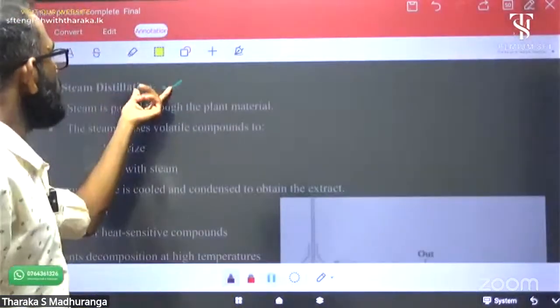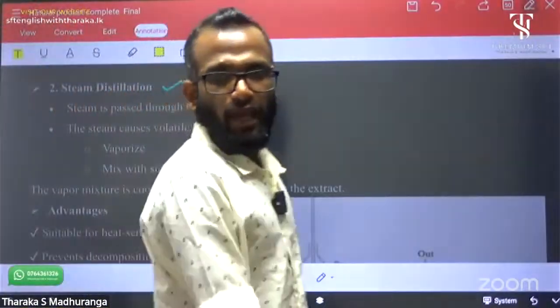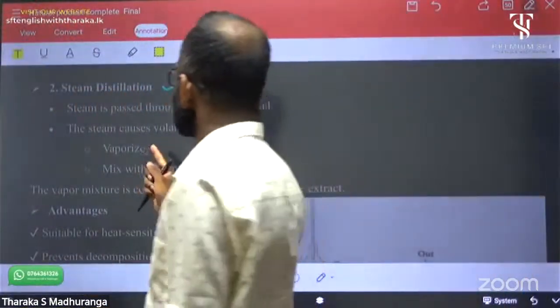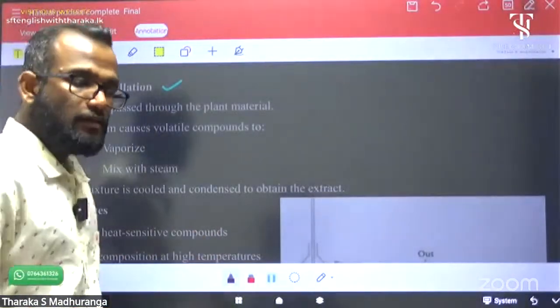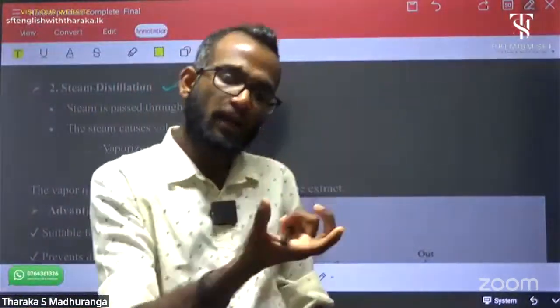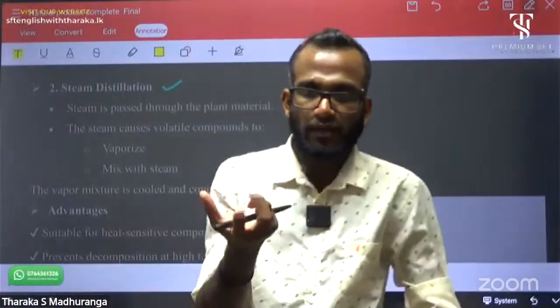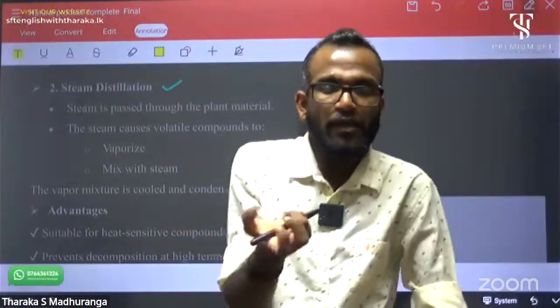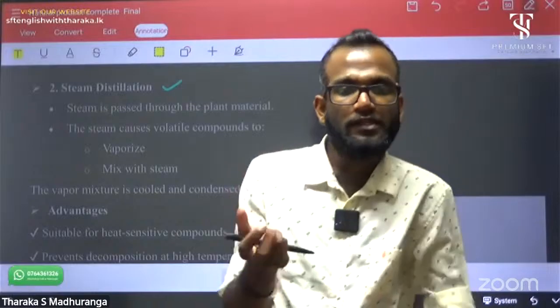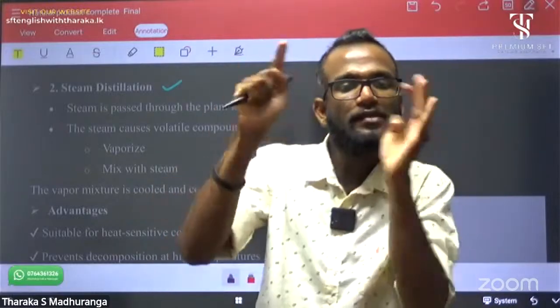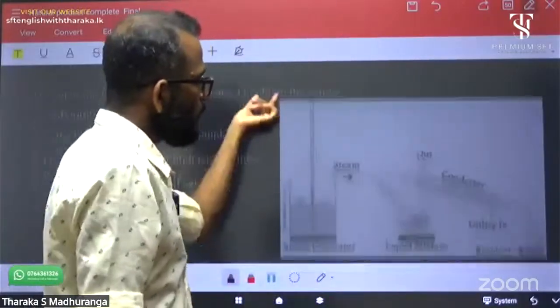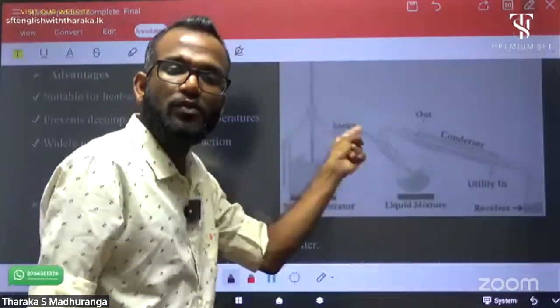Okay, go to the next one, steam distillation. The difference from simple distillation is that in simple distillation, plant material and solvent are both in the same container, but in steam distillation, steam is generated first, and it evaporates and first goes to the plant material.